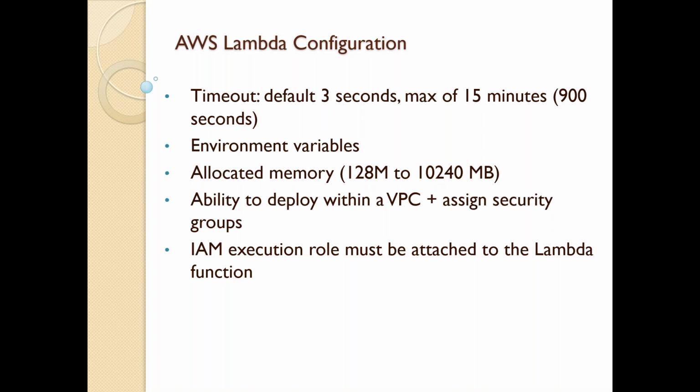You can deploy within your VPC and assign security groups, so your Lambda function will be accessible only within your AWS VPC. You need to have an IAM execution role attached to the Lambda function. Otherwise, the Lambda function will not work, because whenever you call any Lambda, it automatically tries to write the log files into CloudWatch. So it has to have permission to write to CloudWatch.